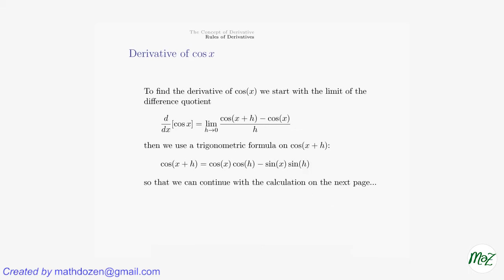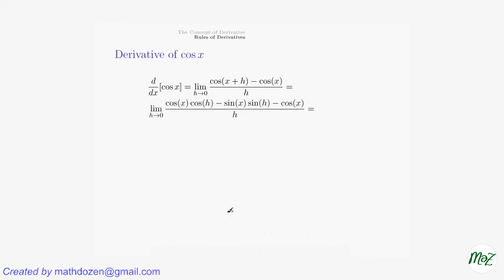And we can continue the calculation. So, now we can actually continue calculating the derivative of cosine x. For the next step, we put in what cosine of x plus h is equal to. That's cosine x times cosine h minus sine x times sine h, and that's still minus cosine x.